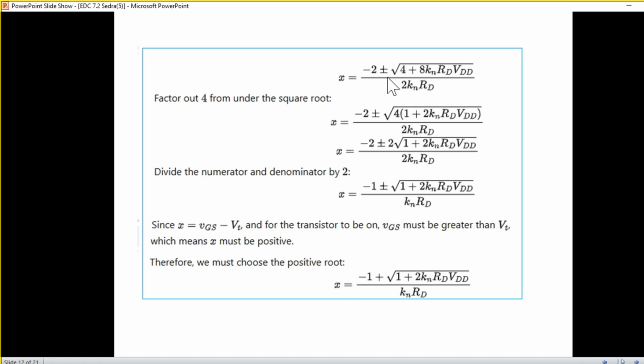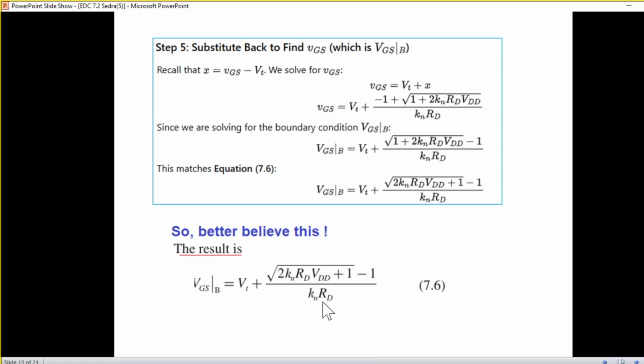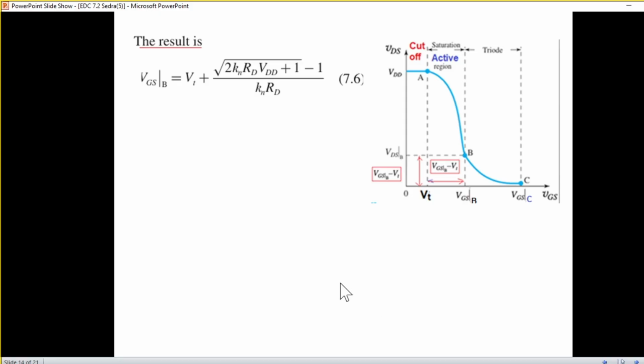Keep solving, we get to this equation. And further solving, this is our equation in terms of VGSB. So we will use this equation. It is better that we just believe and don't go into the derivation, but it's good for understanding. So this was the result that we got for VGSB, this point.